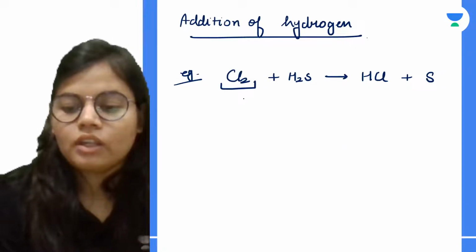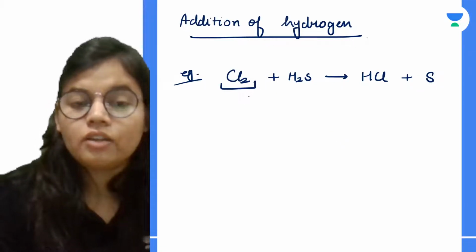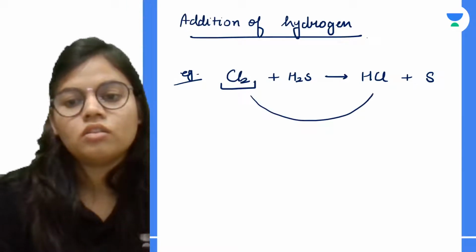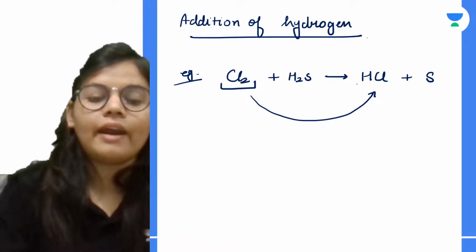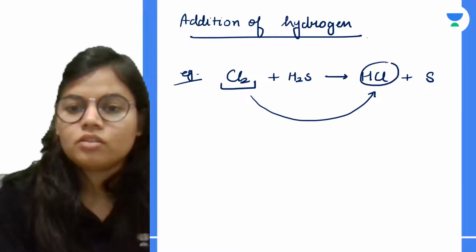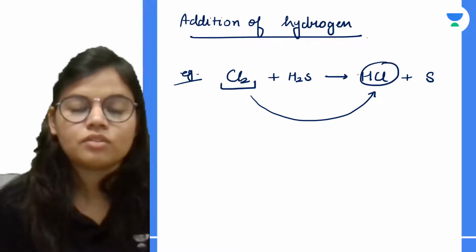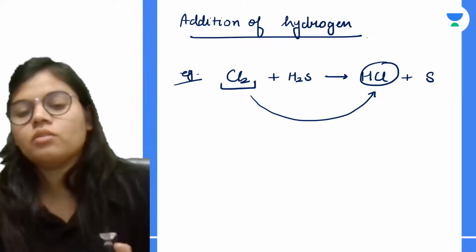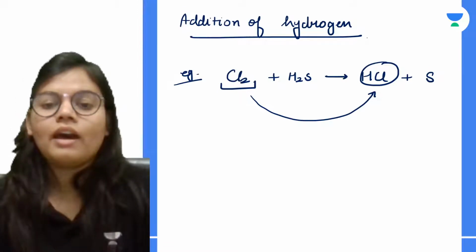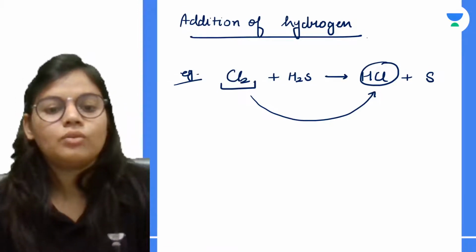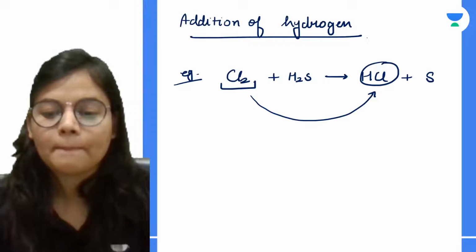Now this chlorine is getting reduced to what? Hydrogen chloride. And how? By addition of hydrogen. To the chlorine, hydrogen is being added, and this is known as reduction process.